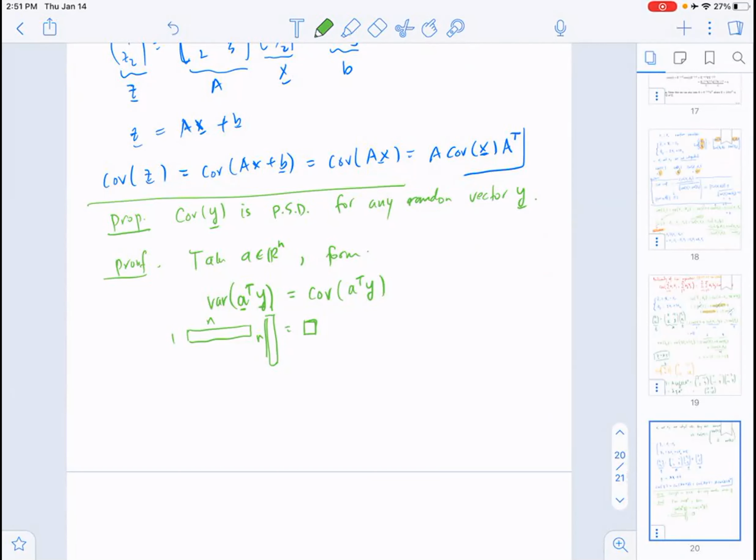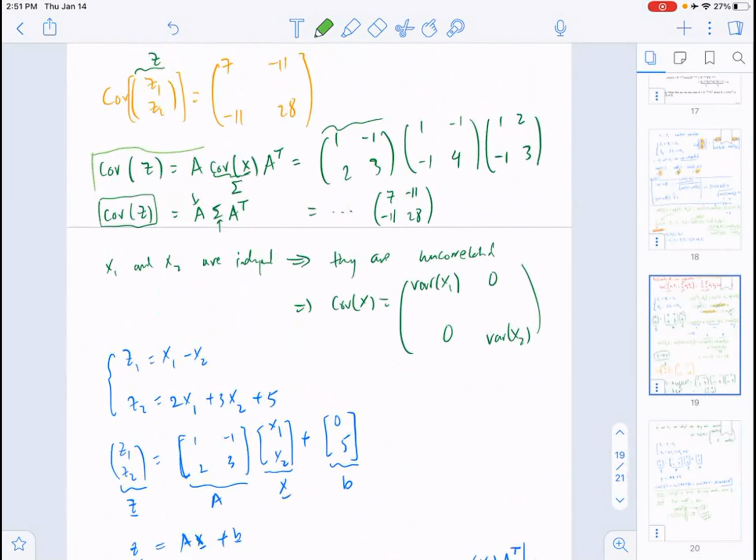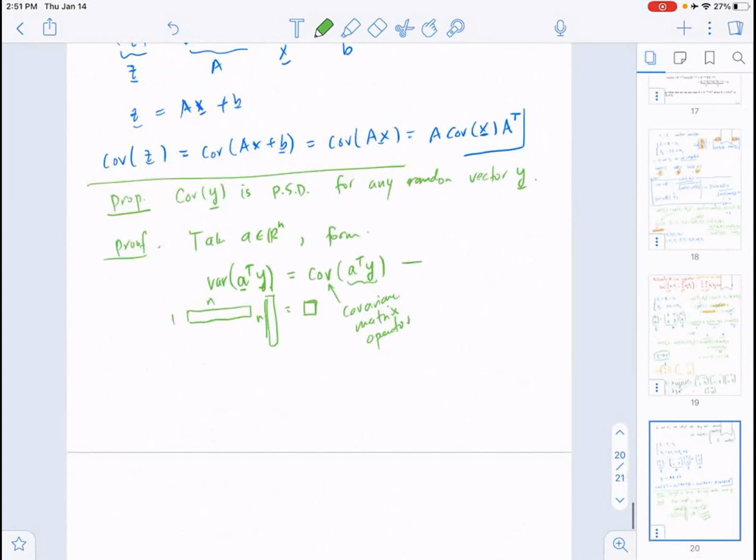Remember, the covariance matrix has variances on the diagonal and covariances off diagonal. Because this is a single random variable, there's just one variance. Now I want to use lemma 3, which is this formula. So how can I use lemma 3 on this?